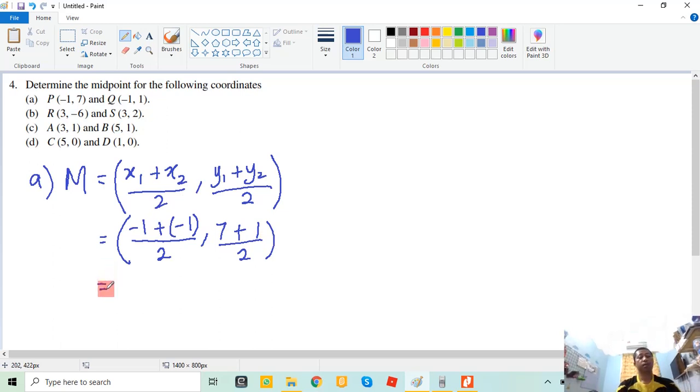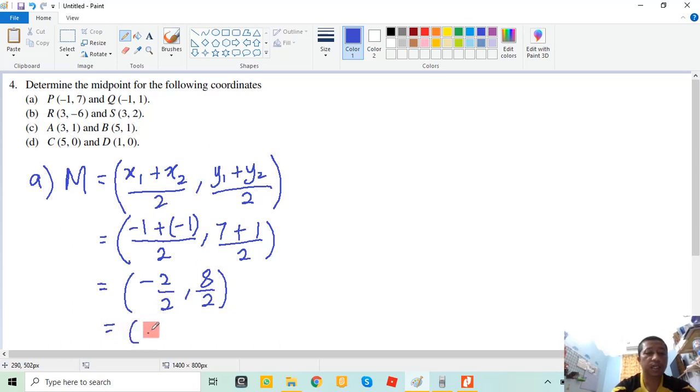Okay, so -1 plus -1 is actually -2. 7 plus 1 is 8. And what is the answer? The answer is (-1, 4). This is the answer for question A.